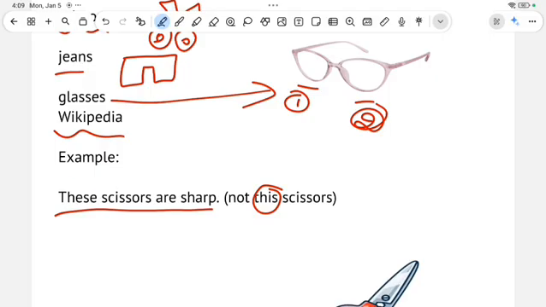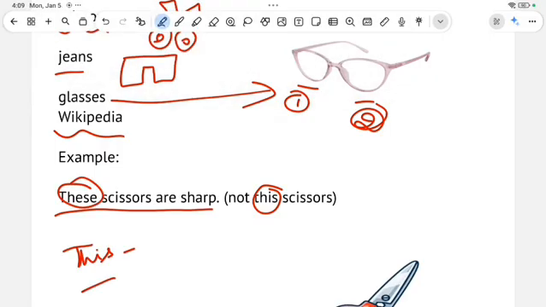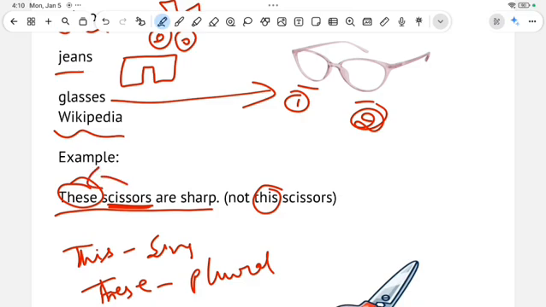Determiners, this versus these. As you know, this is used for singular one and these is used for plural one, right? I hope you know that. If you don't know, you can watch my video on subject as well. Okay, so here scissors, as it's already in plural form, we have to use these scissors.